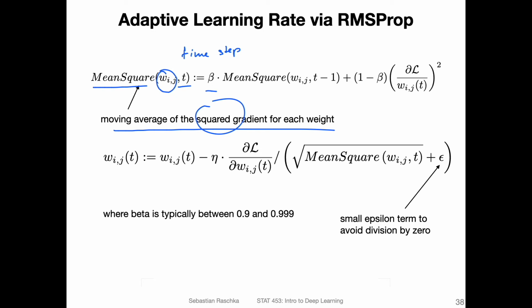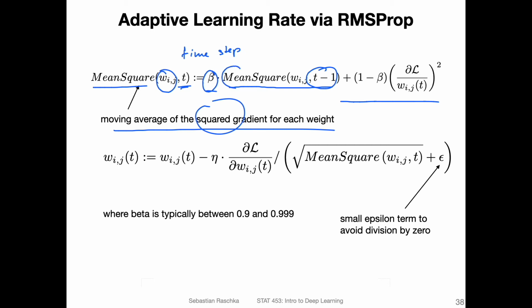So we have the mean squared gradient of that weight at a given time step, and this is computed by multiplying a beta with the mean square value from the previous iteration. And then on top of that we add these squared gradients for the current iteration.